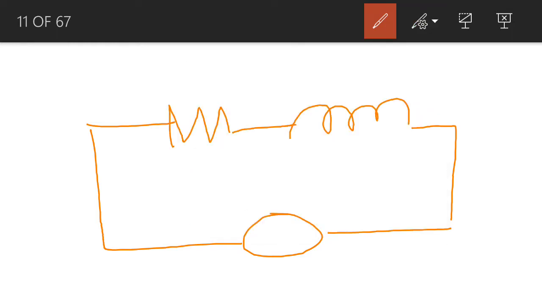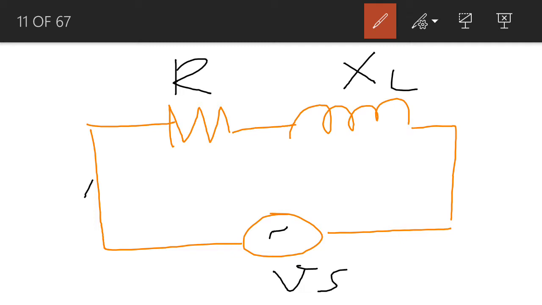So the resistance of the resistor is RL, the inductive reactance of the inductor is XL, and here is the AC voltage. The AC voltage across the source is represented by Vs, and there will be an AC current in this particular circuit.